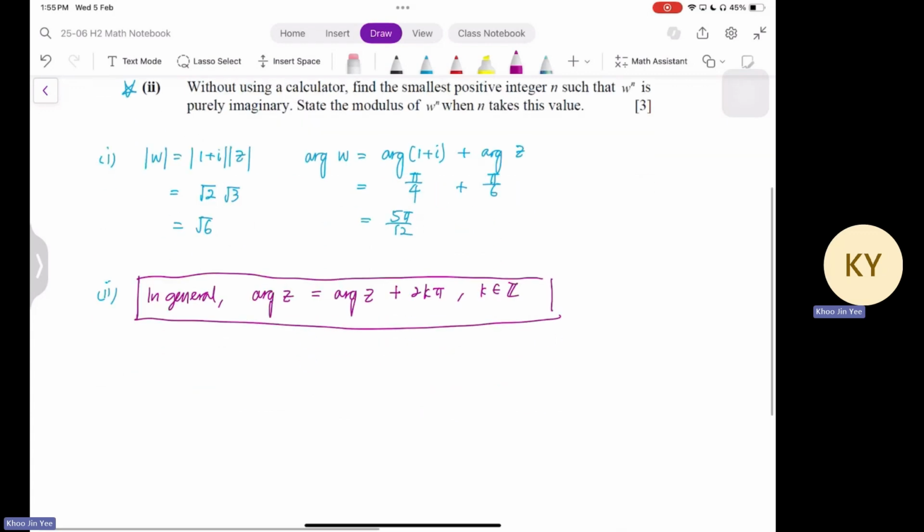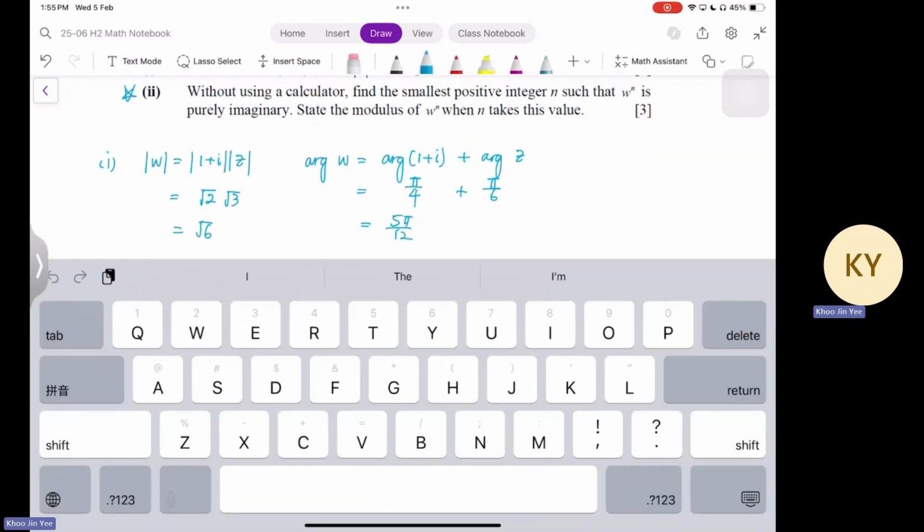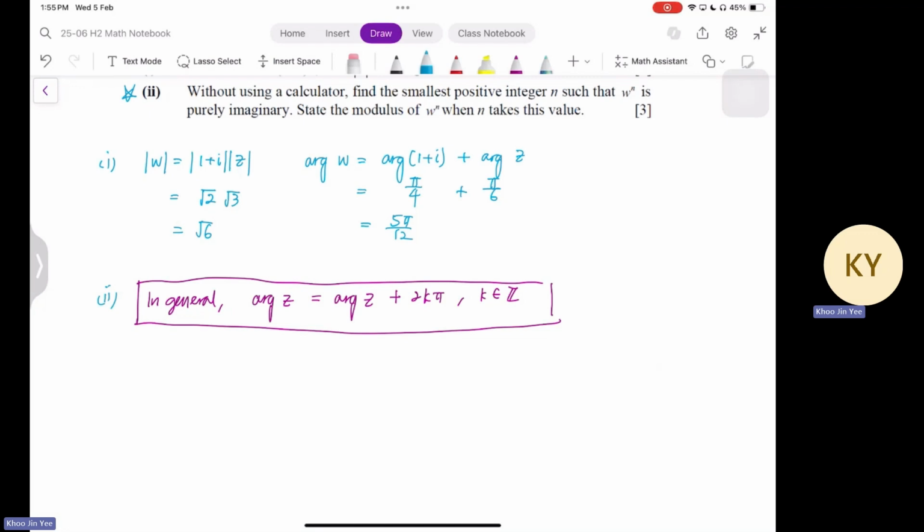This question says that w to the power n is purely imaginary. So the image we need is: where is w to the power n? The complex number will be on the imaginary axis, correct? So here would be w^n. It can be here or it can be there, correct?